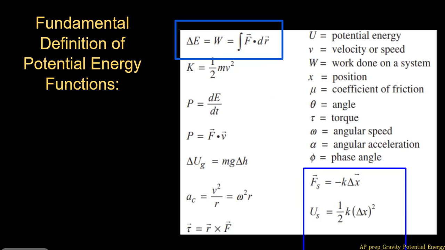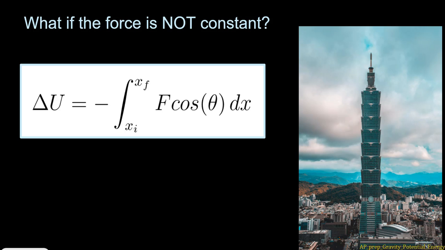Okay, so as I just said, if the force isn't constant, you cannot use F D cosine theta. You have to integrate every instantaneous force with a little bit of distance and keep track of the cosine theta. Again, this minus sign is part of the definition.